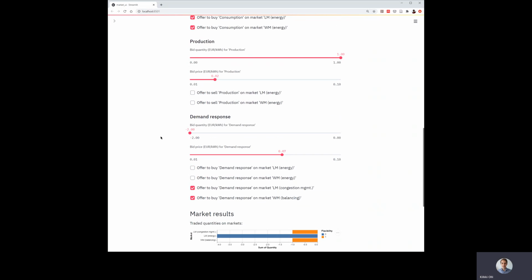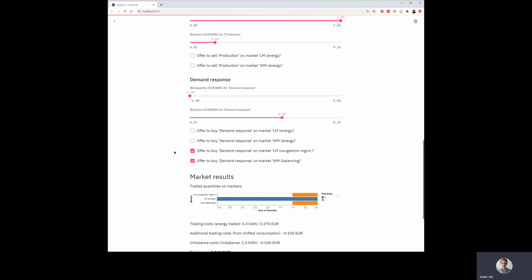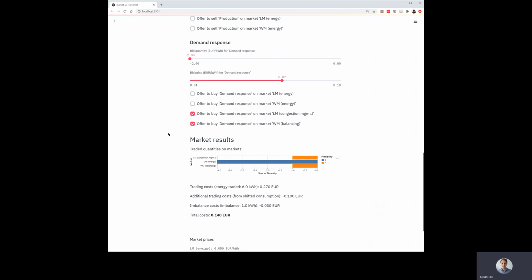But what this does not show is some other costs that are included here. So for example, the distribution network costs and transaction costs from this trading that would have to be added to this total cost. Also, the risks from uncertainties in the prices and the demand or production capabilities of these resources are not included here.